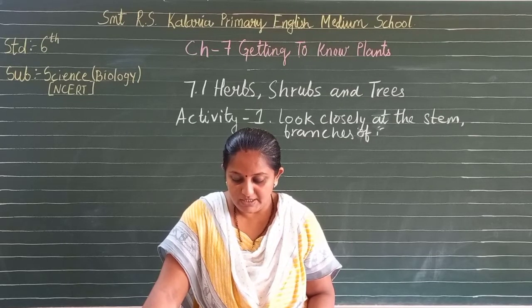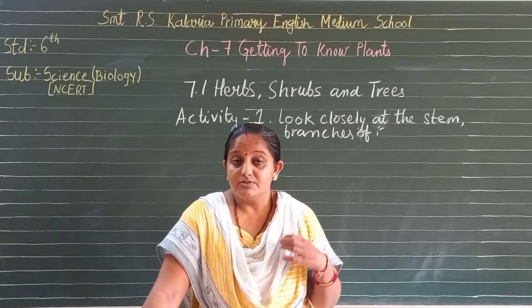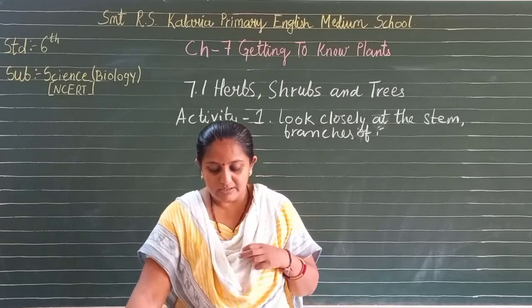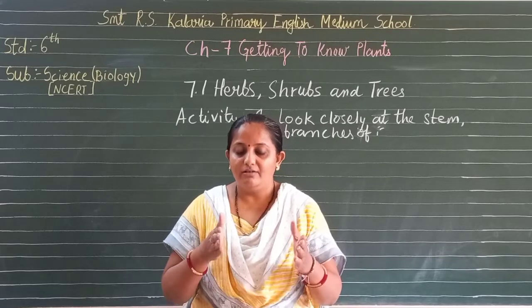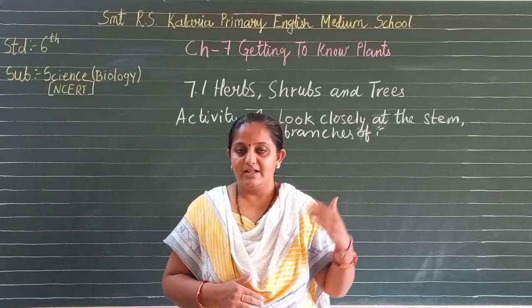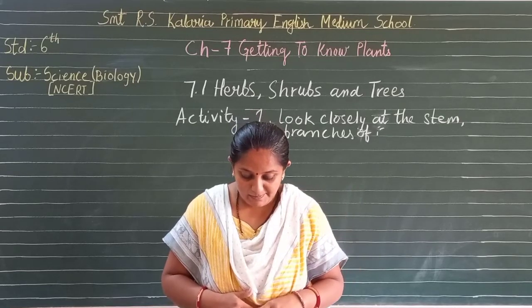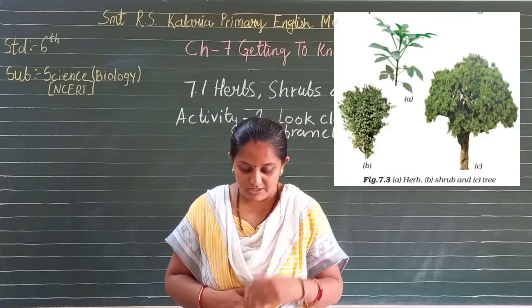Hug the tall plants to see how thick their stems are. From this activity, you understand that the plants which are smaller than you are herbs. The plants that are about your size are shrubs, and the plants which are much taller than you are trees.